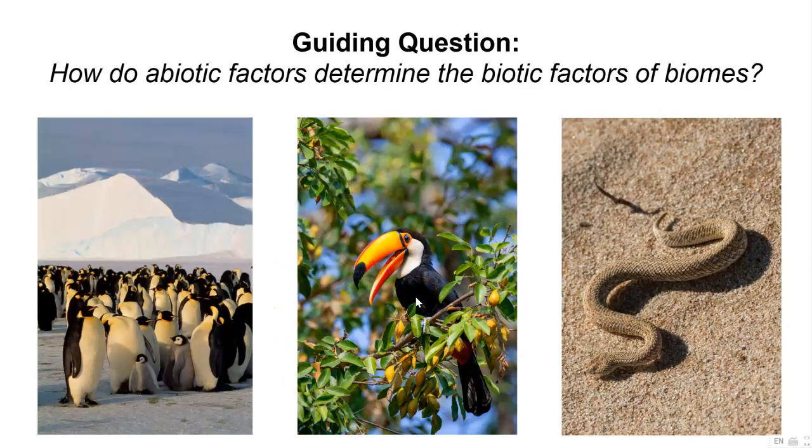There's a toucan with a massive beak. This is going to be a tropical rainforest or equivalent. And here we know that it's going to be hot and dry because it's a desert and it has a snake in it. So already we know in our heads that abiotic factors like temperature and rainfall, those are non-living factors, can determine what lives in various biomes.